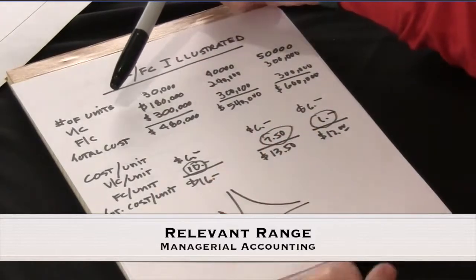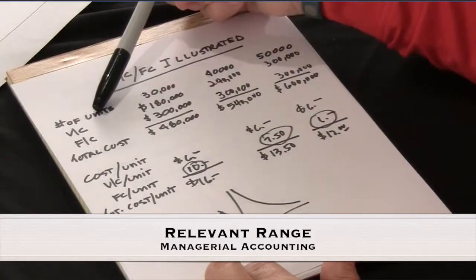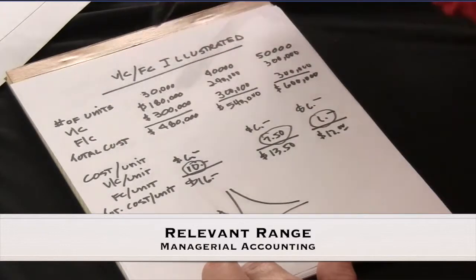That implies, or you could infer from this, that this manufacturing facility can build anywhere between 0 and 50,000 units. But if you need to make more than 50,000 units, something has to change. Most likely, you need maybe more equipment or maybe a bigger building, whatever the case may be.